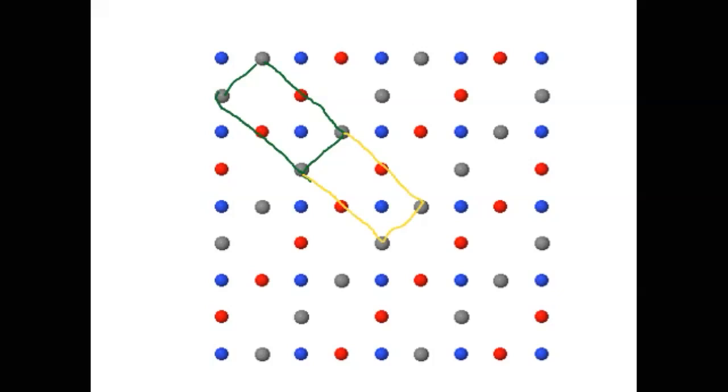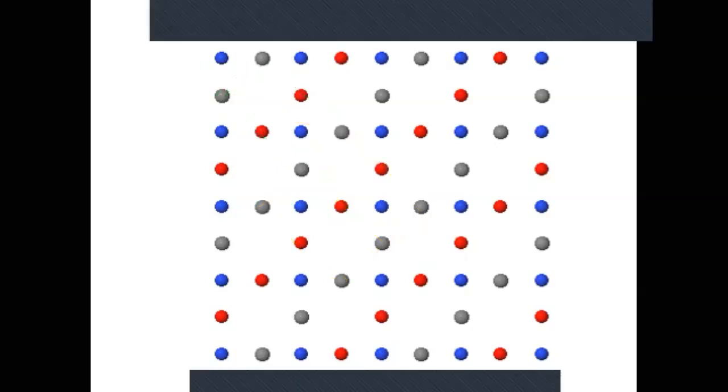Let's see, is that correct? No. Well, I stand corrected. If we do this one, you notice we don't get the same repeat unit. So actually, this is not a valid unit cell. So let's correct this.